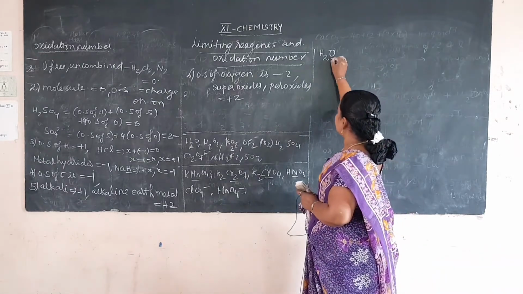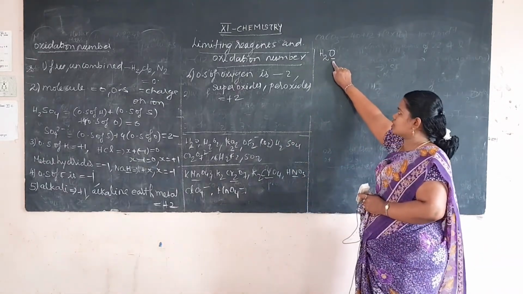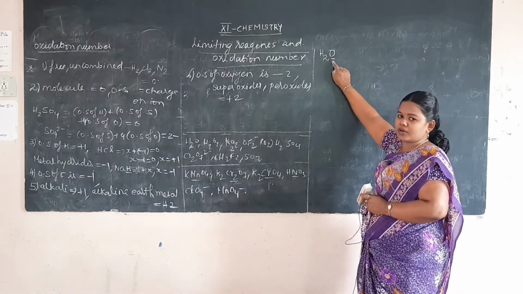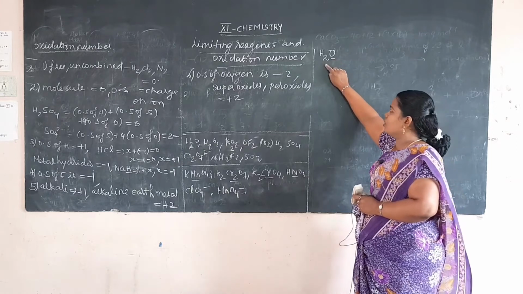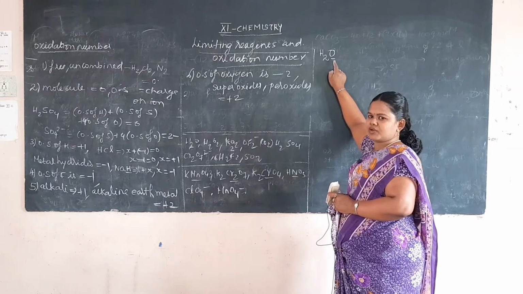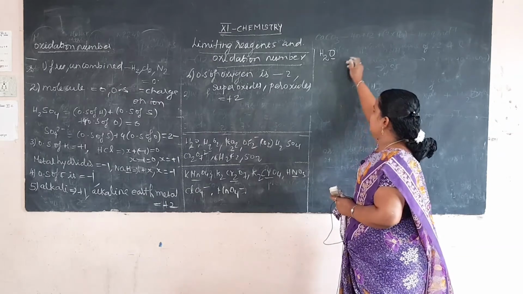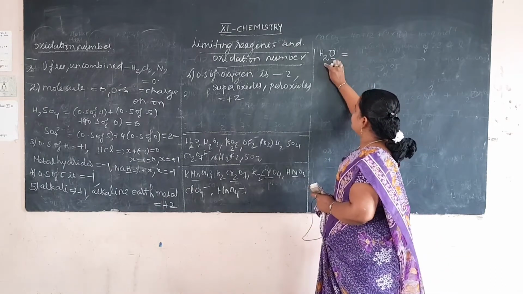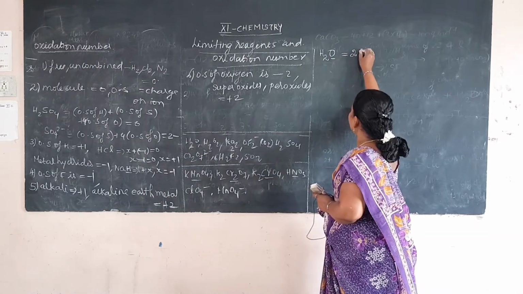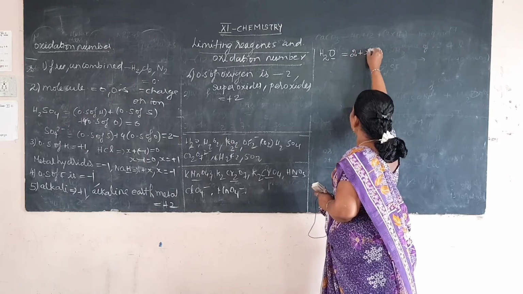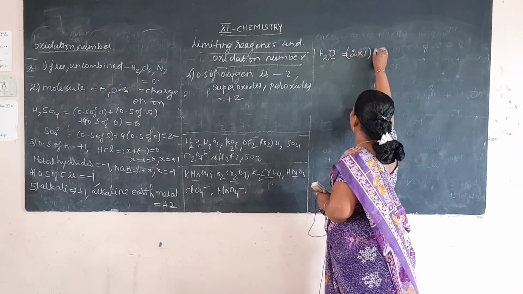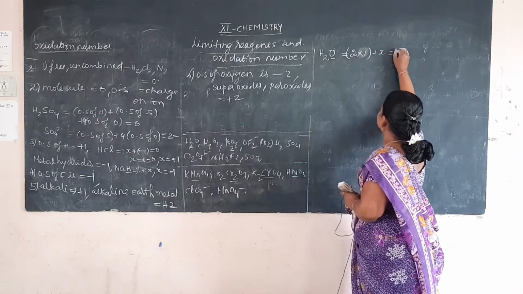For example, oxygen: if a dash is given below an element in a compound, then for that element you have to find out the oxidation state. For water, let's take x for oxygen. 2 into the oxidation number of hydrogen, which is 1, so 2 into 1 plus x equals 0.